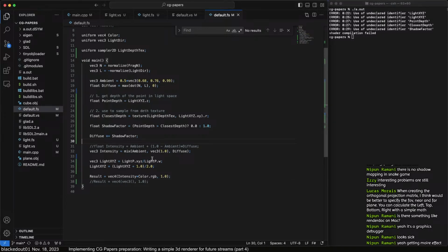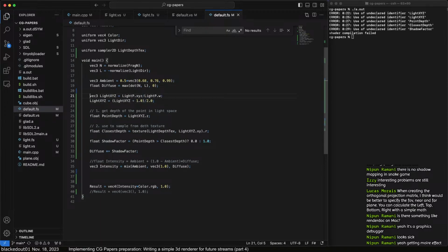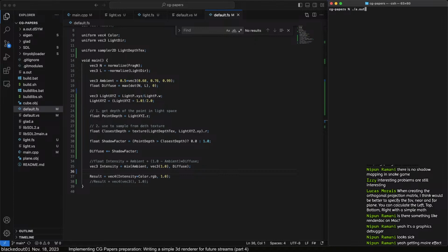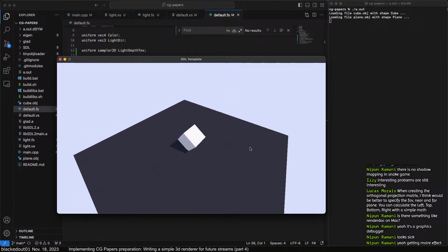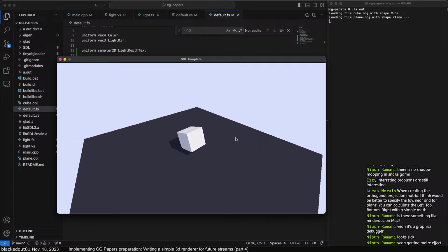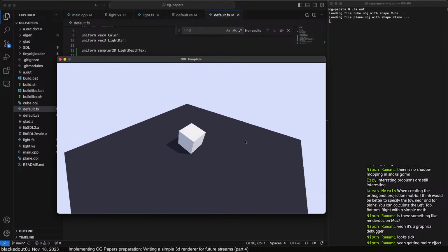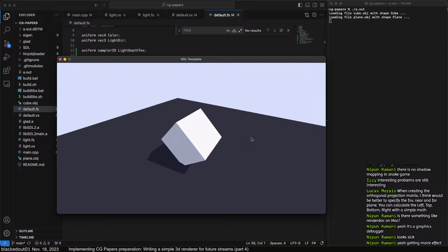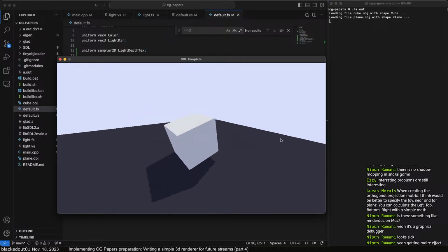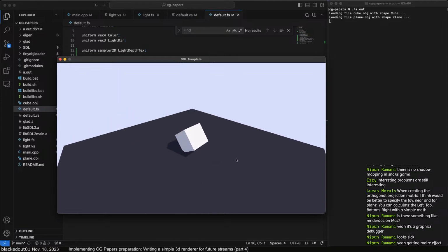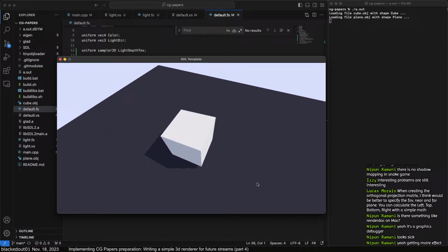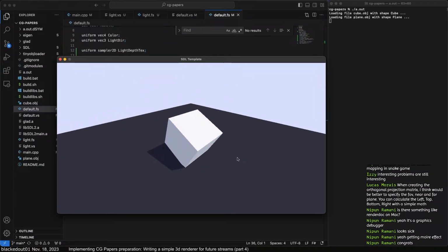I did something wrong over here. So yeah, so that's shadow. Yeah, so that's basically it.